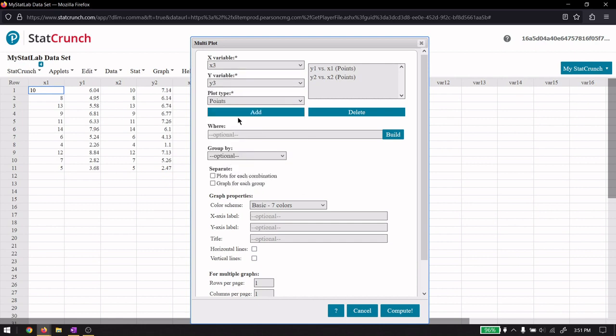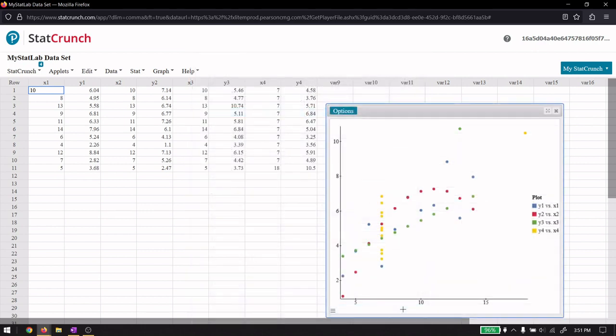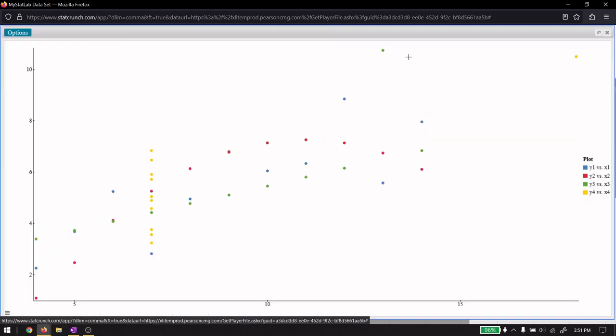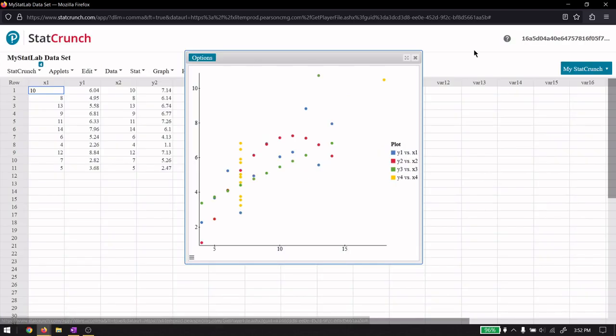X3, Y3, X4, Y4, and compute that. And there we go. So this has, make it smaller again. The blue dots are X1, Y1.